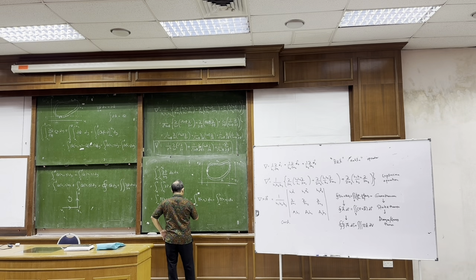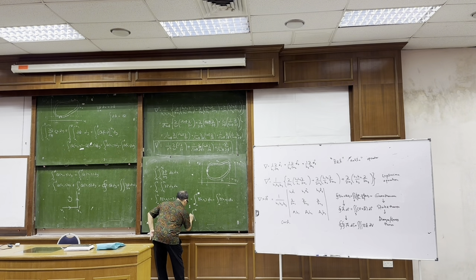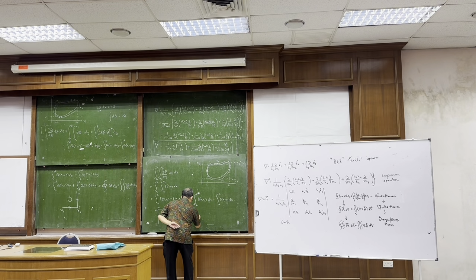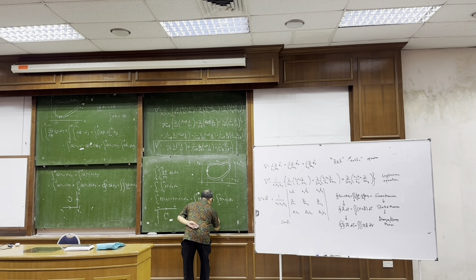That means instead of B over A, we put A over B, and we put a negative here. So this is P x y2 dx minus A B.